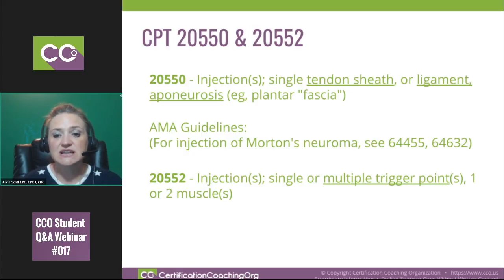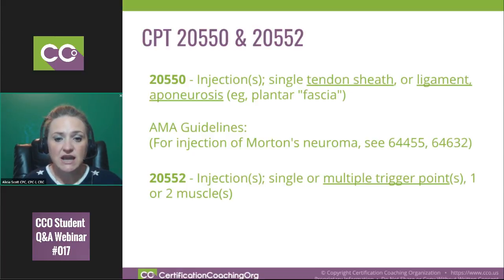Injection, single tendon sheath or ligament, and it's called an aponeurosis. This would be like for plantar fasciitis, if somebody has it, or the fascia of the plantar on the bottom of the foot, or tendon sheath. But when you look at 20552, it's a single injection or multiple trigger points.